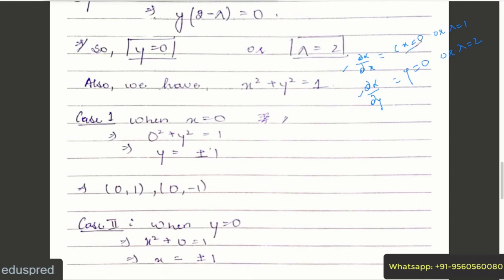If I assume x is 0 and lambda is equal to 1, then only this condition is satisfied and not that. For both the conditions to be satisfied, I could consider x is 0 and y is 0, but that will not satisfy the constraint. So the other option I have is x is 0 and lambda is 2.